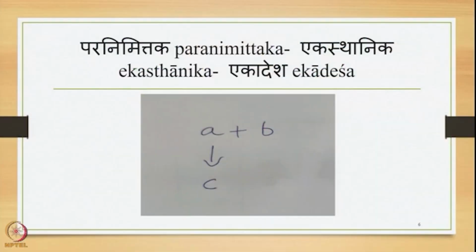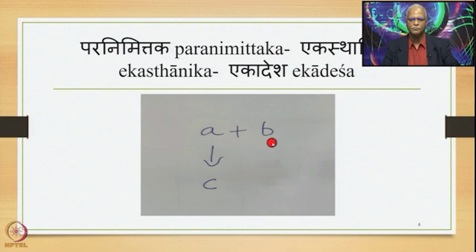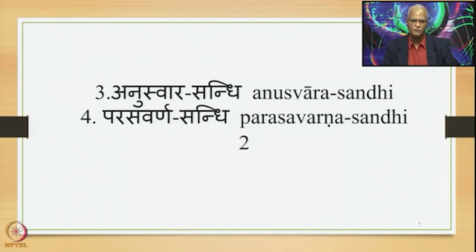Now we are studying Paranimittaka Ekasthanika Ekadesha, which is diagrammatically represented in this fashion, where you have A followed immediately by B. Both are in the Samhita mode, and so B is the Paranimitta, and when B follows, A gets substituted by C. So this is Paranimitta, this is Ekasthani, and this is Eka Adesha.